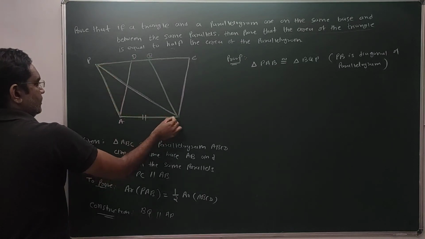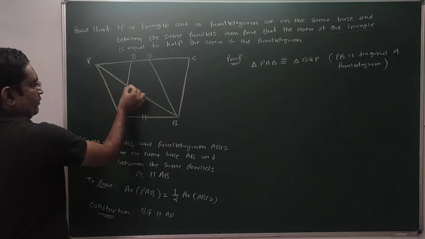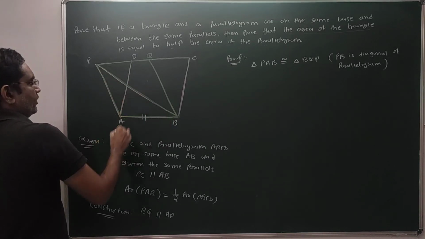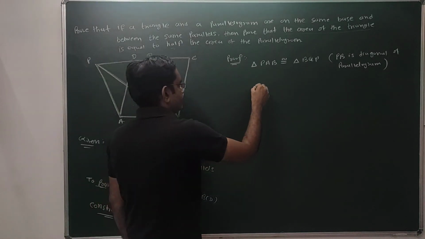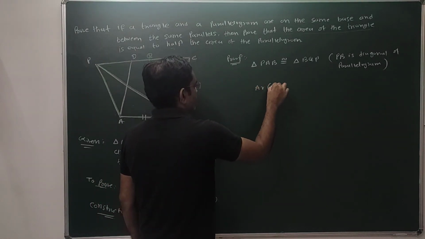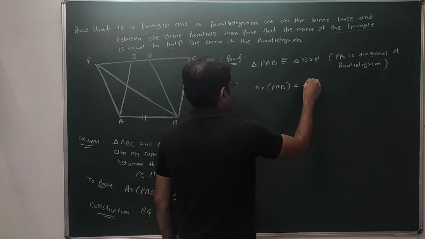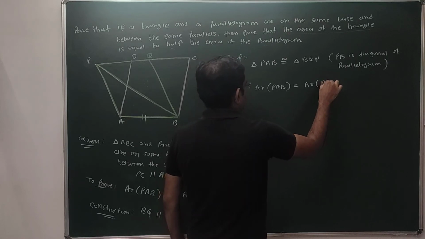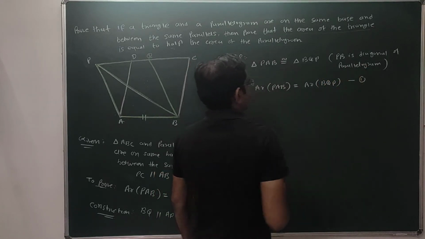In this parallelogram, PB is the diagonal. So these two triangles are congruent and their areas are equal. So here we can write: area of triangle PAB is equal to area of triangle BQP. Say, result number 1.